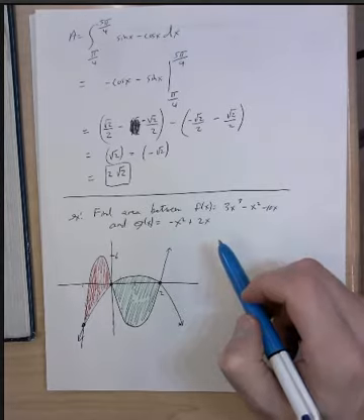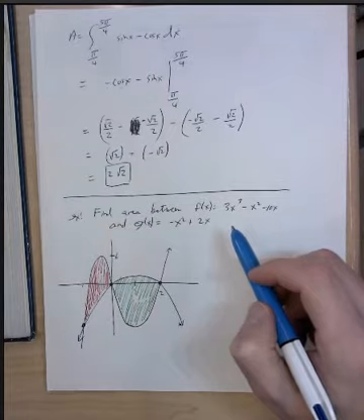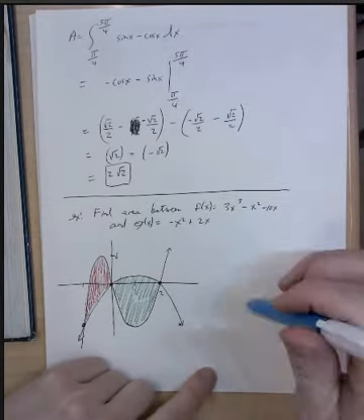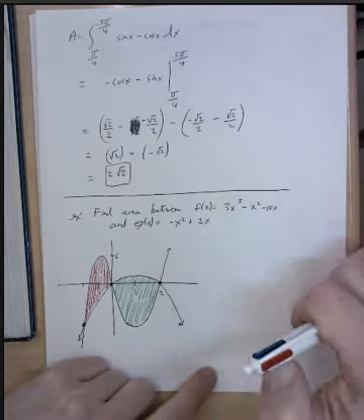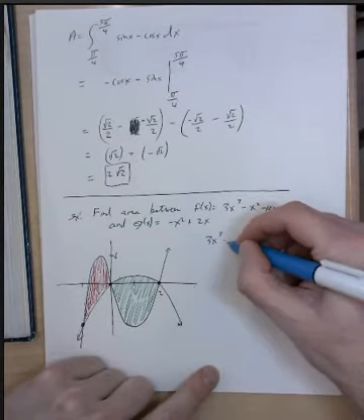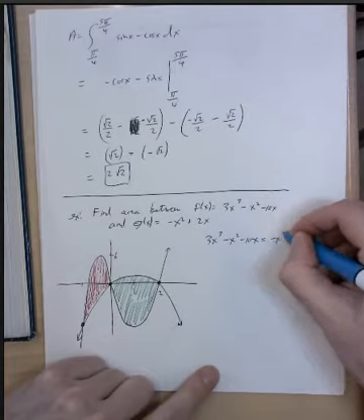perhaps, or maybe it's even factorable, I'm not sure. Looks here like it's probably factorable. We end up being able to find out that the points of intersection are, maybe we should actually do this, let's set them equal to each other. So we get 3x cubed minus x squared minus 10x equals negative x squared plus 2x.